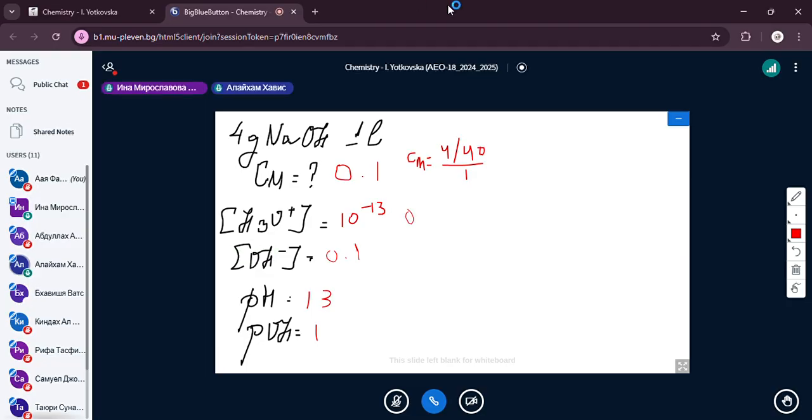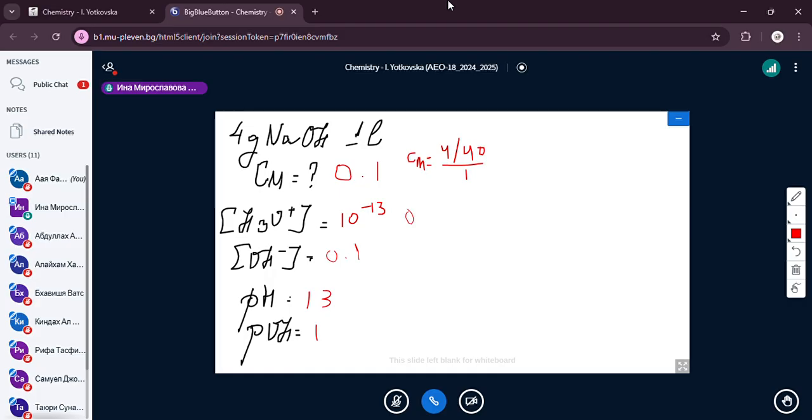No. So now we must pay attention to this: pH can be calculated only with molarity or normality concentration. We cannot use percentage concentration.